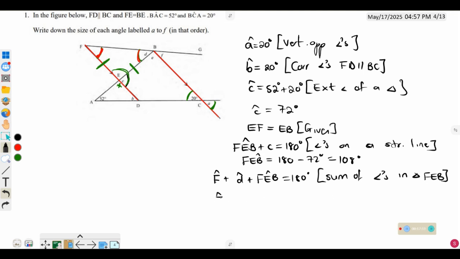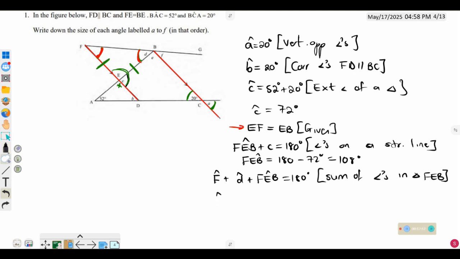So the angle F, remember angle F is equal to angle D, just like we concluded. After marking that EF is equal to EP, we have that those two angles are equal to each other. Hence we can get rid of F and write it as D.